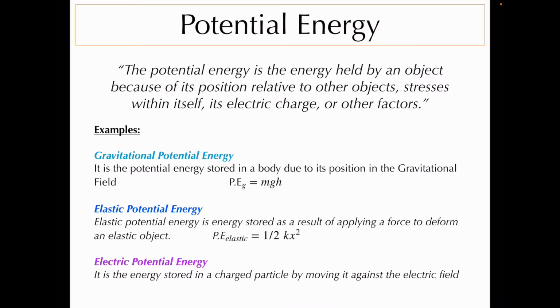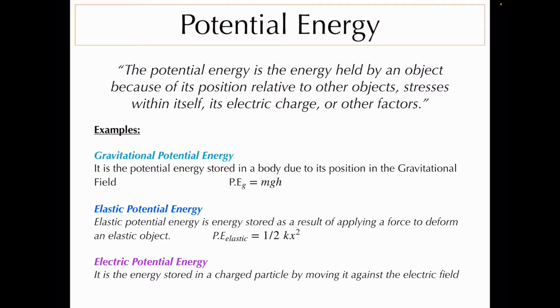So the gravitational potential energy is the energy stored in a body due to its position in the gravitational field. And here we consider the gravitational field because of Earth only. It can be because of any object, because any massive object has a gravitational field around it, but the most prominent one is the gravitational field because of Earth.